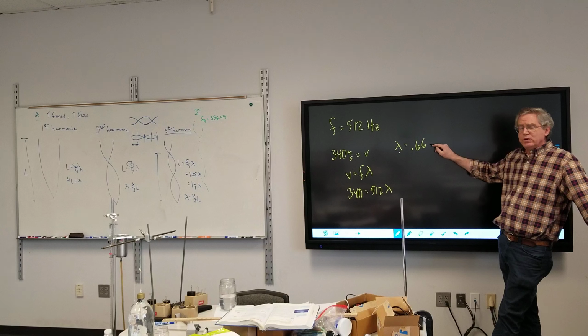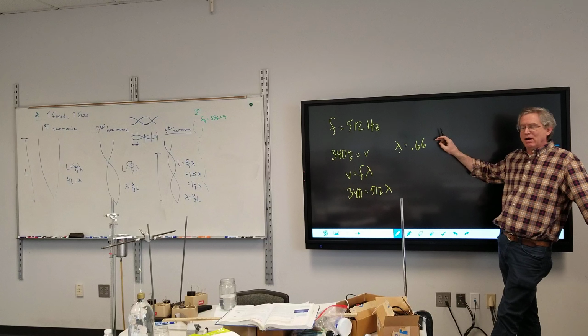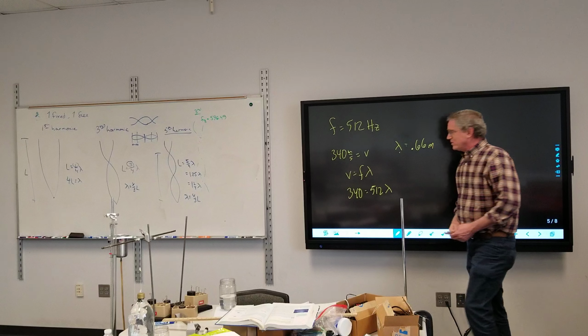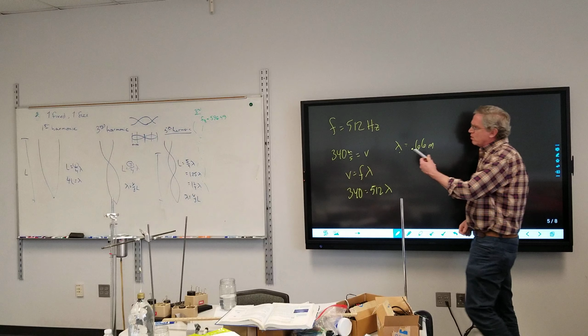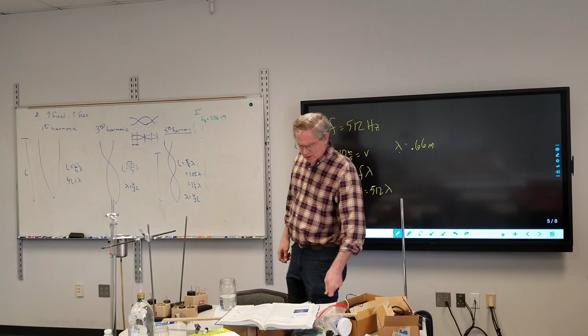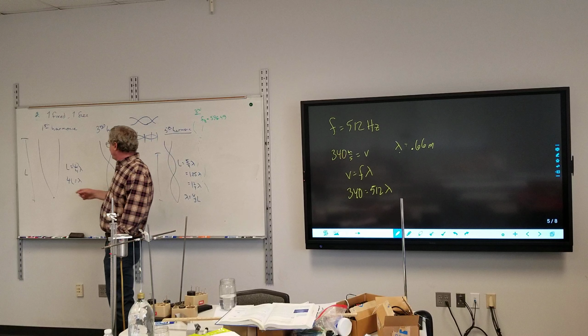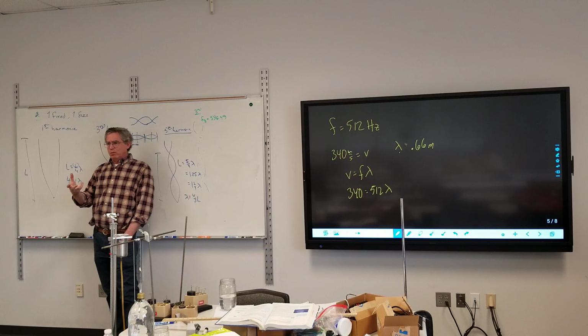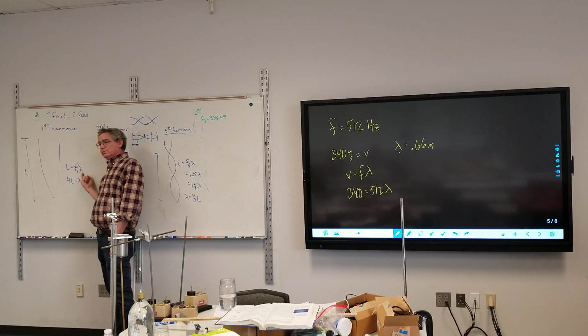0.66 units. Meters. Yes. There we go. As a team, we got it. Now, 0.66 meters. So the first harmonic should happen when the length of the air tube is a quarter of that.